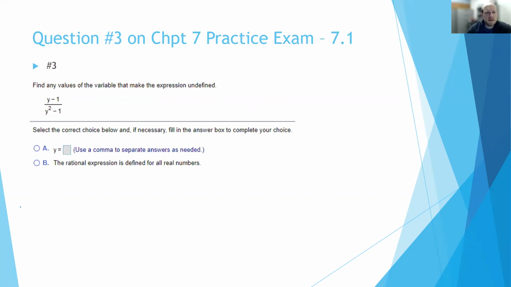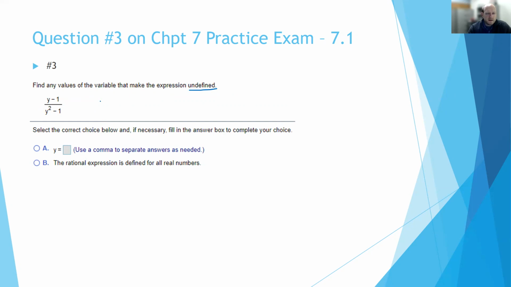This is number 3 on your chapter 7 practice exam. Again, your numbers and variables might be a little bit different, but the question should be the same here. The question is: find any values of the variable that make the expression undefined. So we want to know what values of the variable y make this expression undefined.